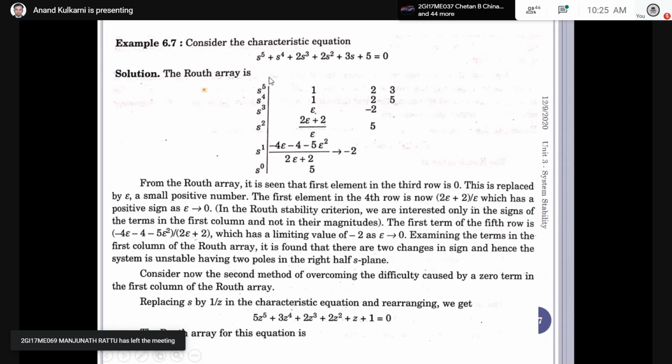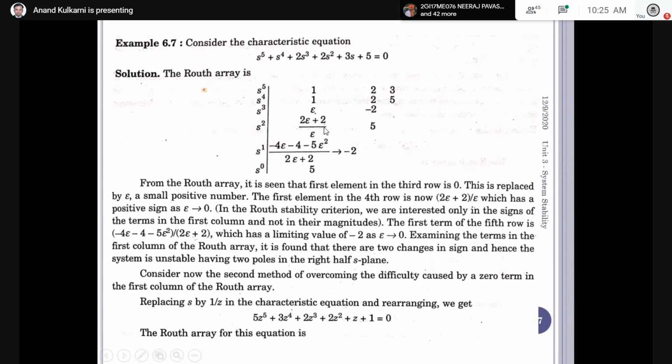If you see the first column elements now, this is 1 positive, this is 1 positive, this is epsilon which is tending to 0, positive epsilon only. Then you put epsilon tending to 0 in this equation. 2 into 0 is 0 plus 2, that is 2 divided by 0, plus infinity.